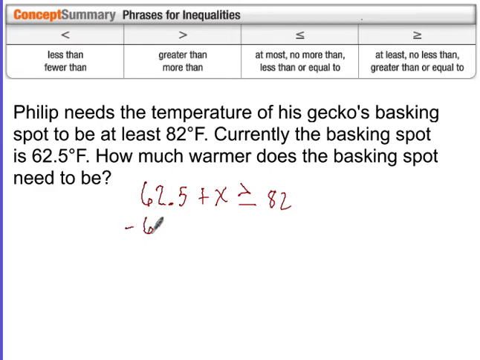Then we would solve it, minus 62.5, and he needs to raise it at least 19.5 degrees. Okay? Because if he raised it 20 degrees, then it would get up to 82.5. Is that okay? Yeah, 82.5 is okay. 81.5 is not. So he needs to get it at least 19.5 degrees warmer. All right?